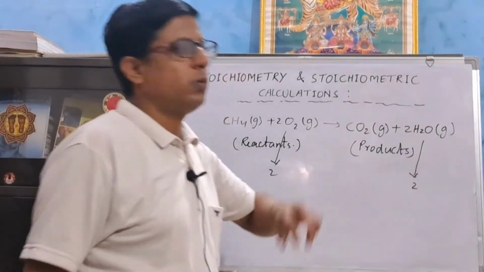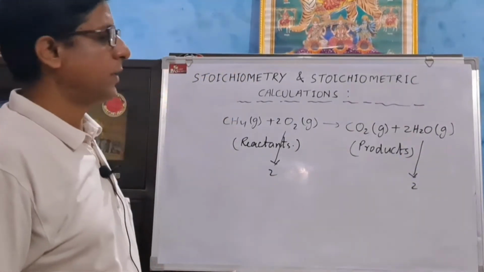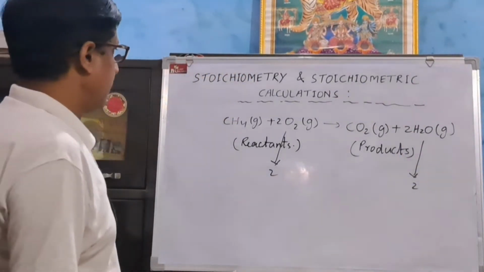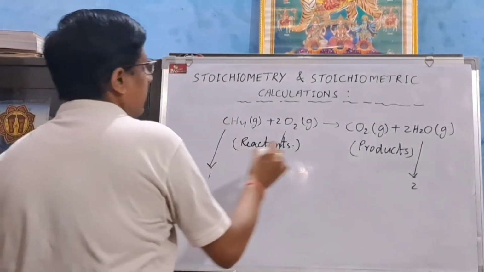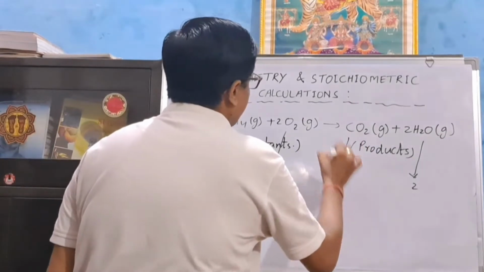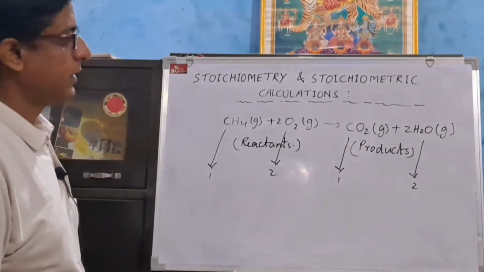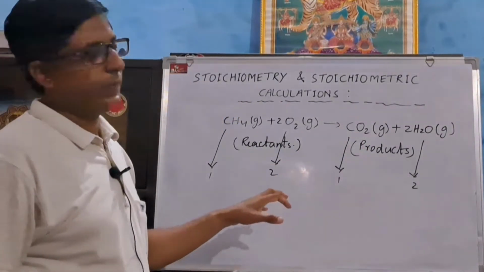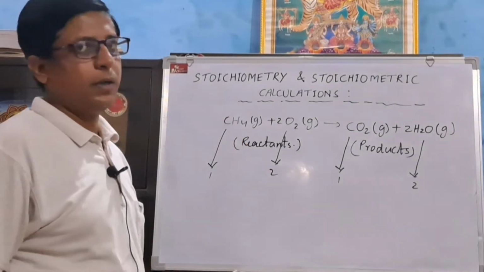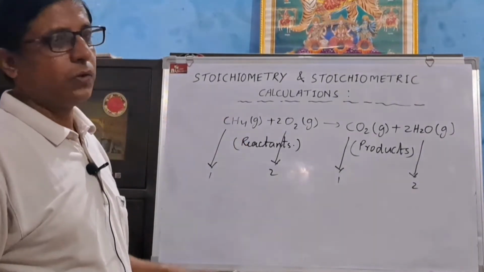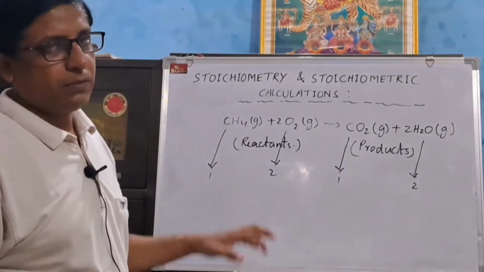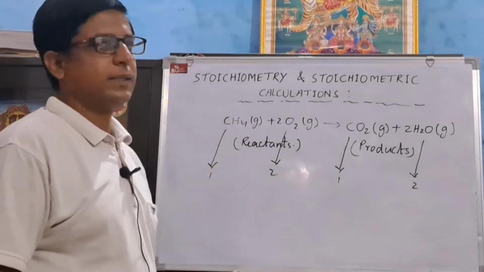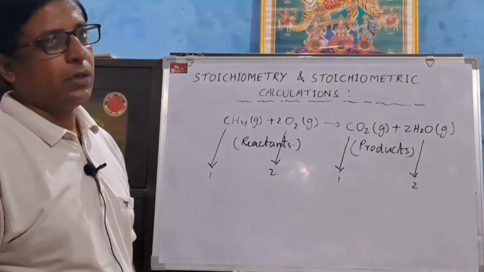Similarly, here 2 molecules or 2 moles of water is produced. The stoichiometric coefficient for methane is 1, and for carbon dioxide the stoichiometric coefficient is also 1. These numbers are called stoichiometric coefficient. This is a balanced chemical reaction. This information is obtained from a balanced chemical reaction.